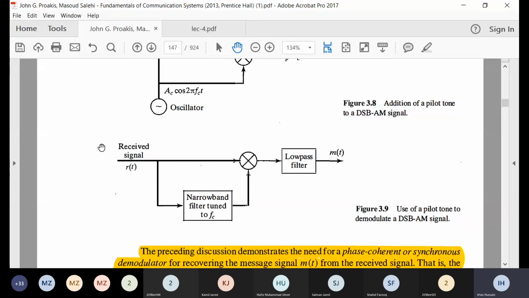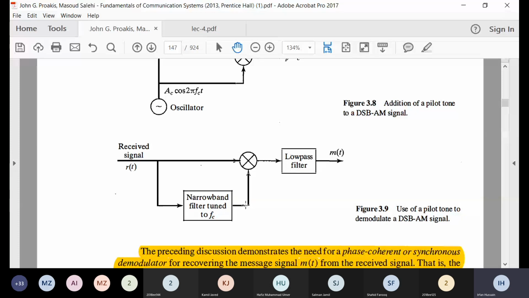Now what will happen at the receiver? Once the signal is received at the receiver, you take the received signal and pass it to a narrowband filter. You know narrowband filter? It is a narrowband filter at around some frequency, so you have a narrowband filter at fc. It will just take out the fc carrier from the combined signal.